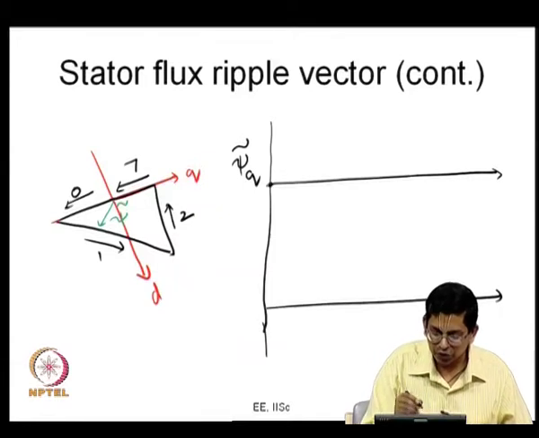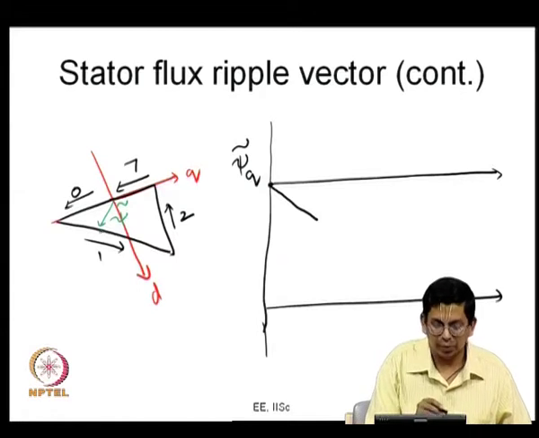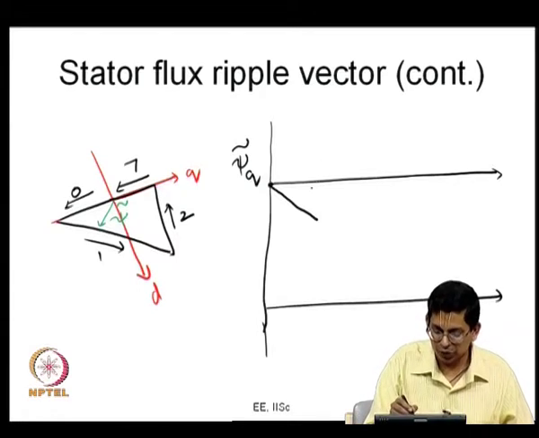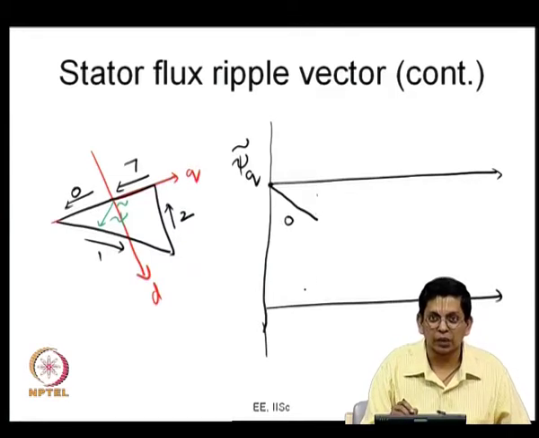What happens? This is 0 and the q axis component changes like this. It becomes negative when state 0 is applied. This is when the 0 state is getting applied. So, it reaches some value like this.